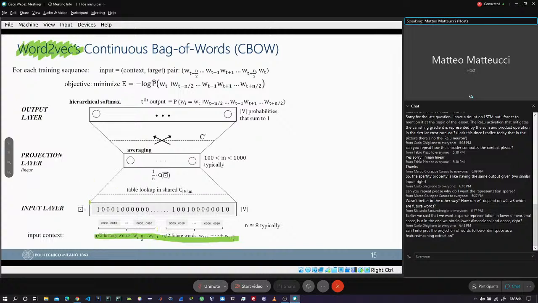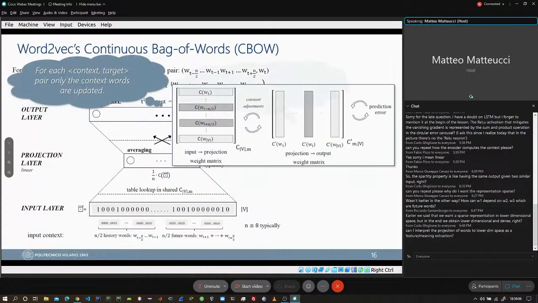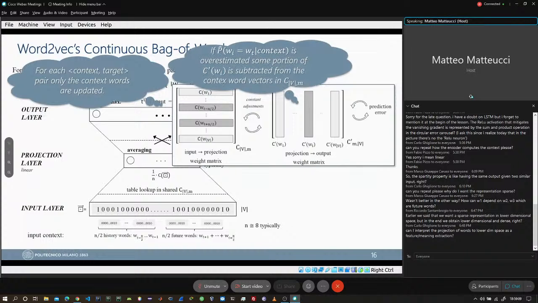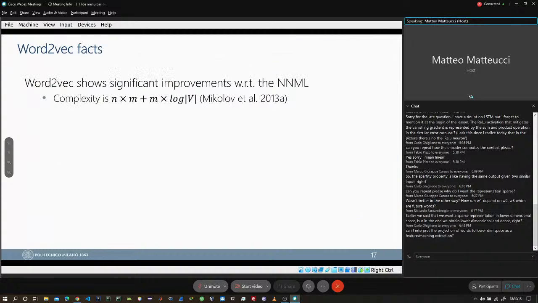It projects with the lookup table, averages everything, and then tries by a softmax to predict the most likely missing word in the sentence. Well, there are some learning tricks which I will skip, but you can check them if you want. These are more in the paper of Word2Vec. They are more about how to make this very fast.